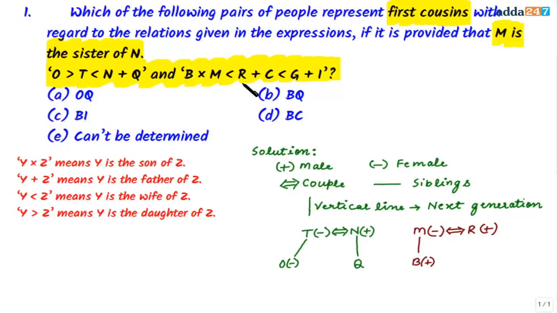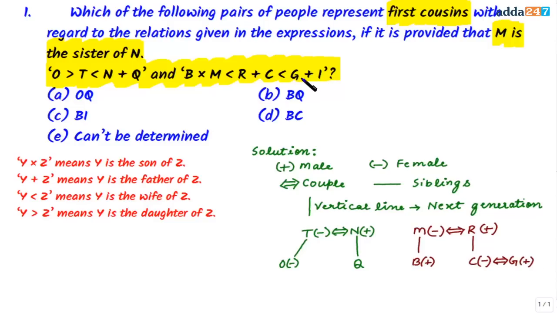Then we have R plus C. That means R is the father of C. So R is the father of C means C comes in next generation. Then we have C less than G. That means C is the wife of G. So if C is the wife, then this is female. And C and G will form a couple. G will be male.